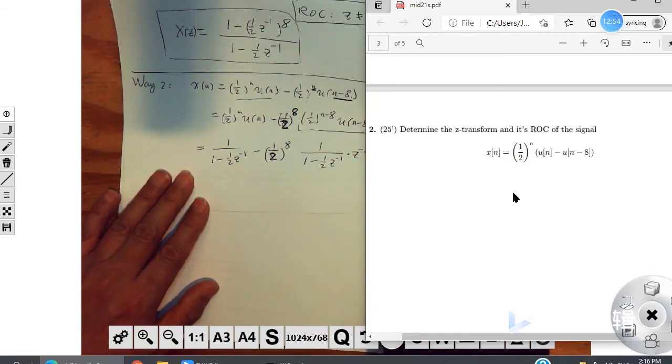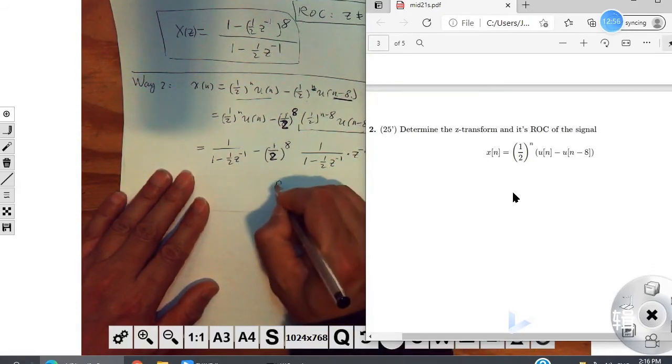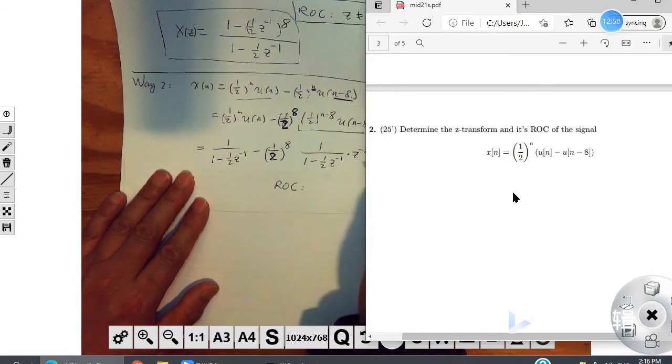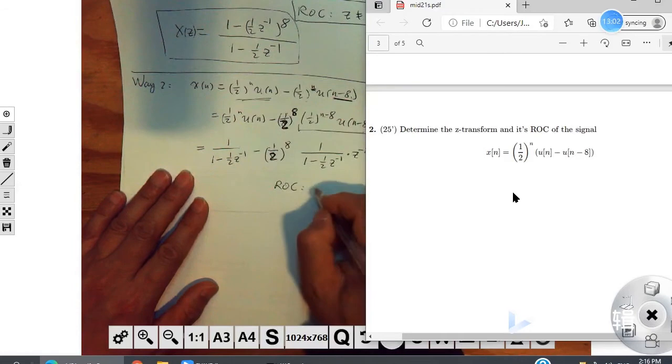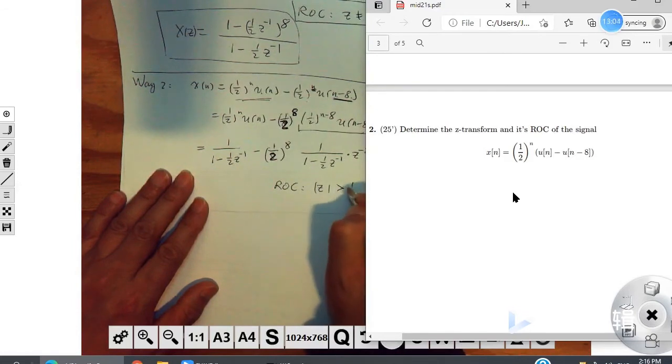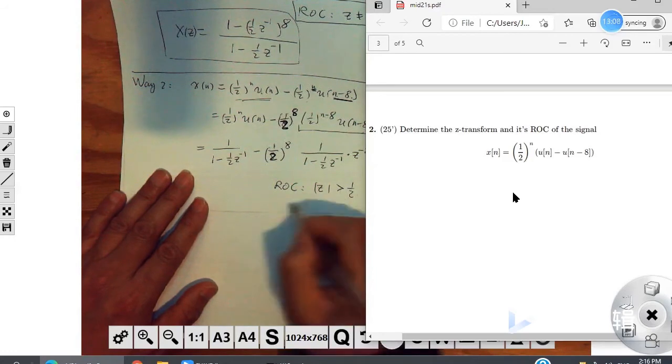And the ROC, we checked from the table. This one, the ROC is z larger than 1/2, and this one is also z larger than 1/2. So we can have the ROC, this one.